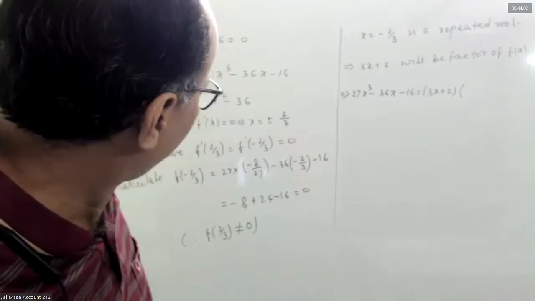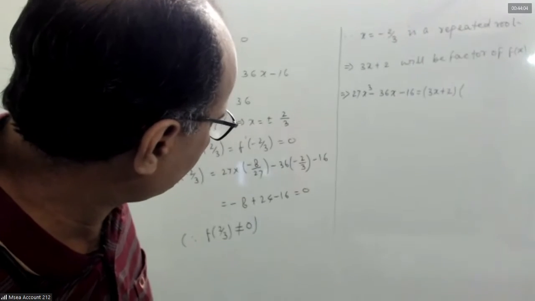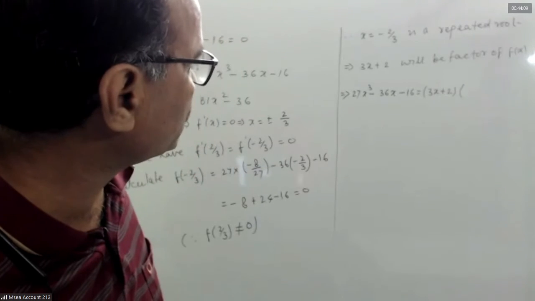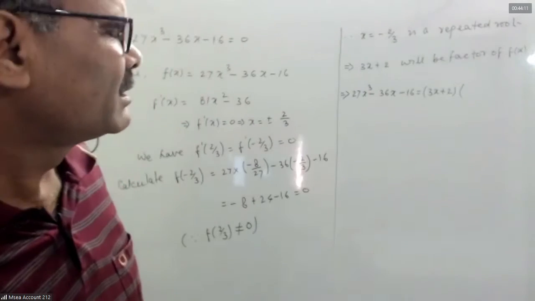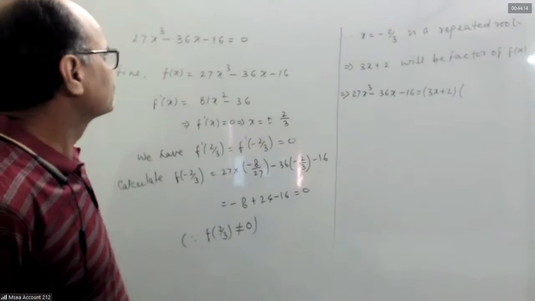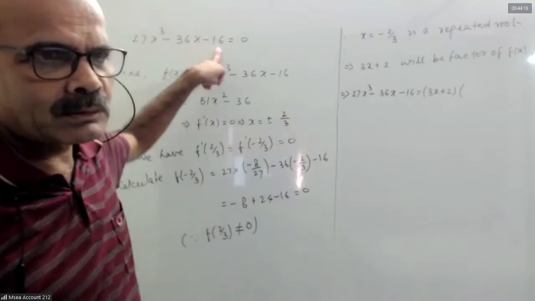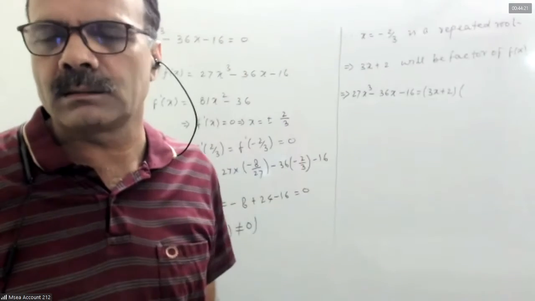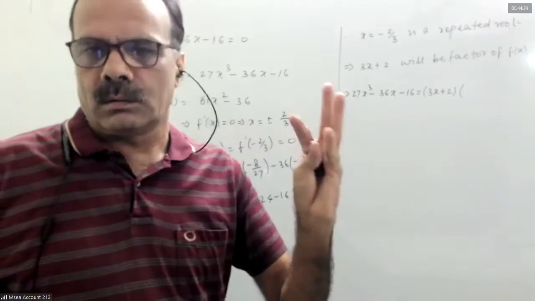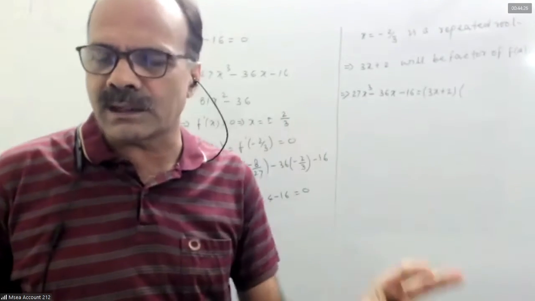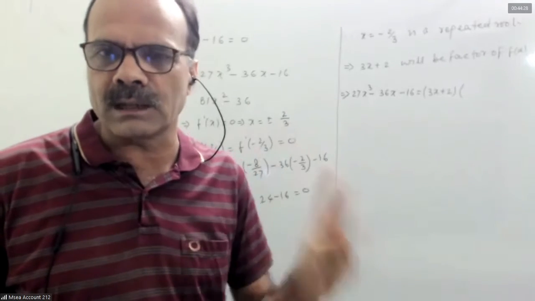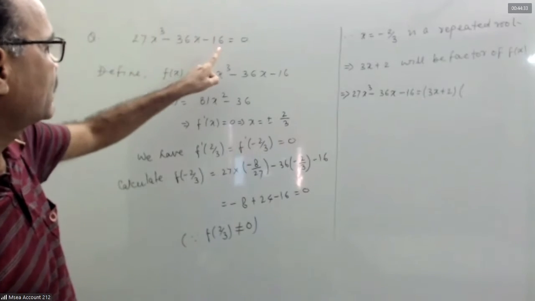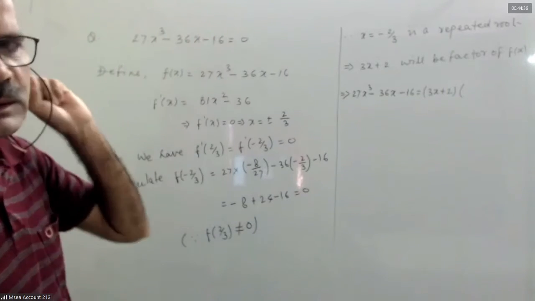Yes, because we can find the product of the roots, and two roots are minus 2 by 3 and minus 2 by 3. Alpha is minus 2 by 3, beta is minus 2 by 3. We can find gamma, because alpha beta gamma is minus d by a, which is minus 16 by 27.